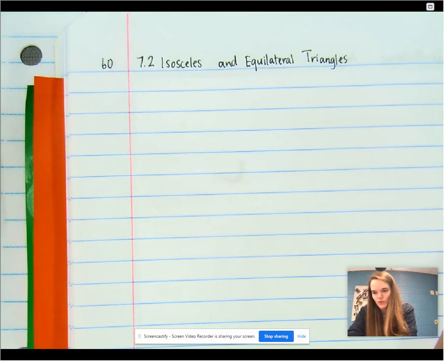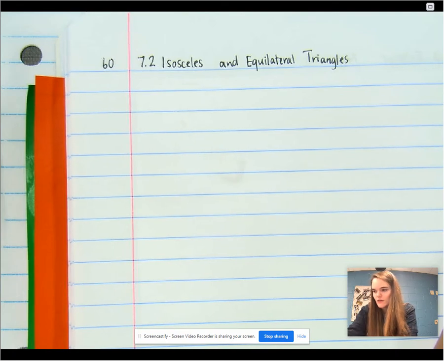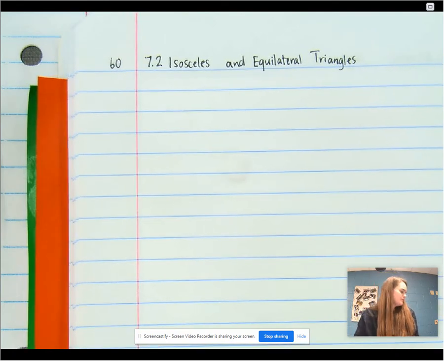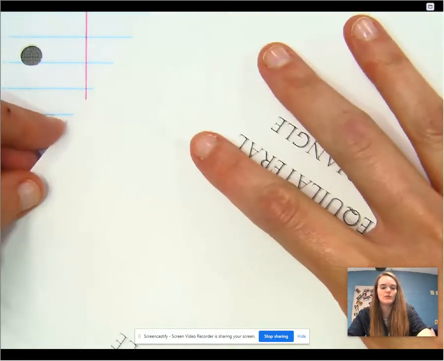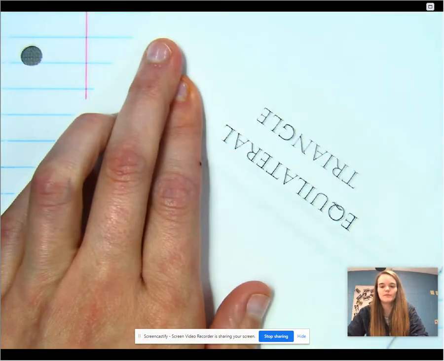And these are foldables today as well, but like I've said in the past, if you don't have a printer, get a piece of paper, fold it in half, and make your own foldable. Okay? Alright, so we're talking about isosceles and equilateral triangles. We'll be talking about the theorems that go along with those, and then we will solve some problems as well.